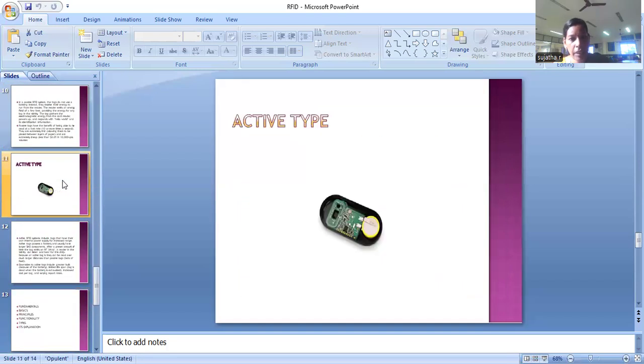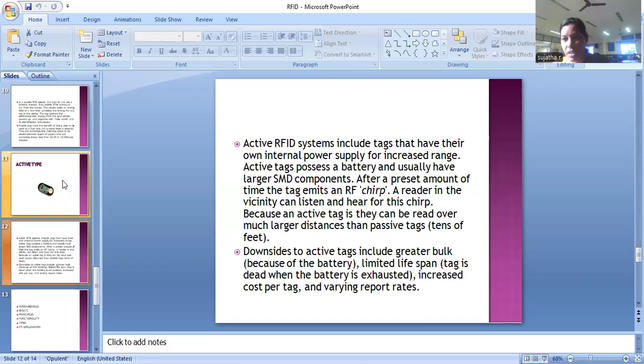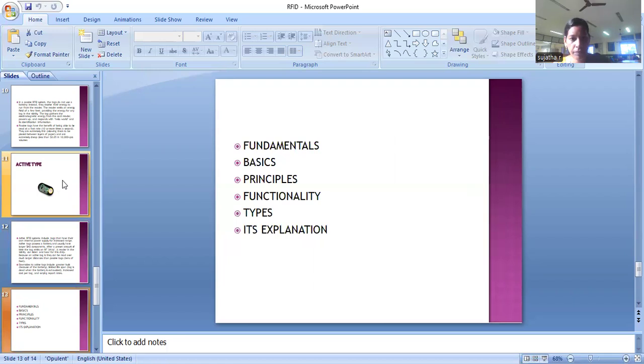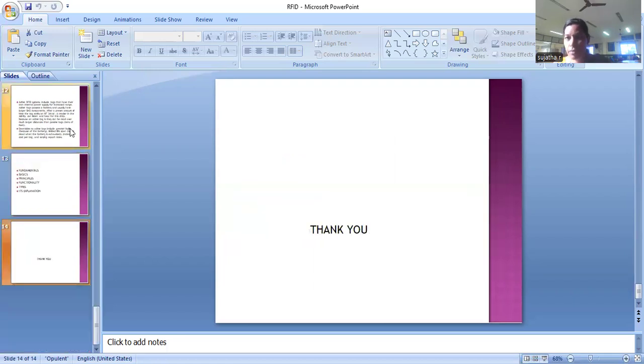This is the active type of RFID. One more RFID tag I mentioned is semi-passive, which has its own power supply, which means we cannot give any external power supply. Semi-passive tags depend on the applications we use. Thank you.